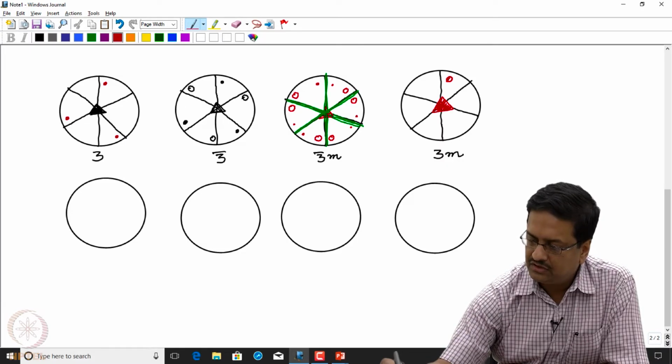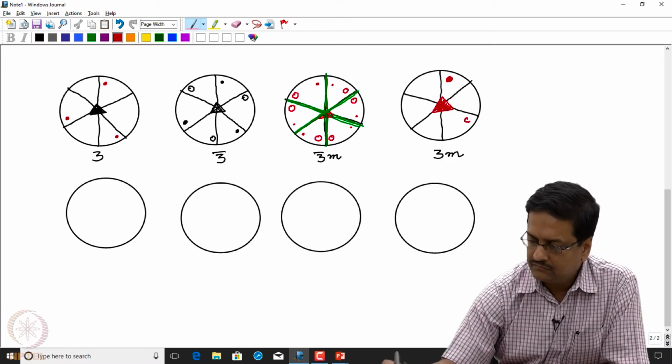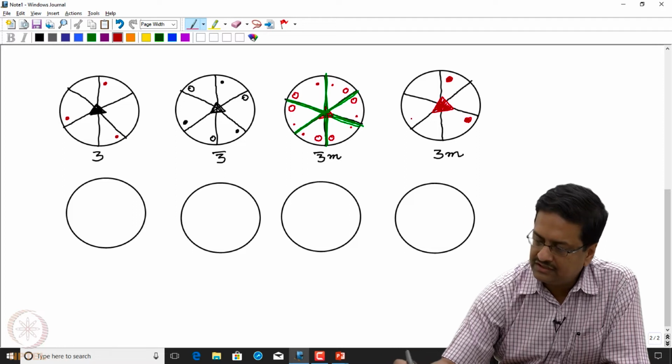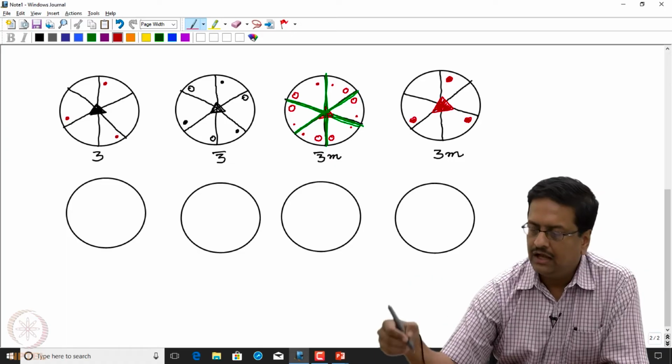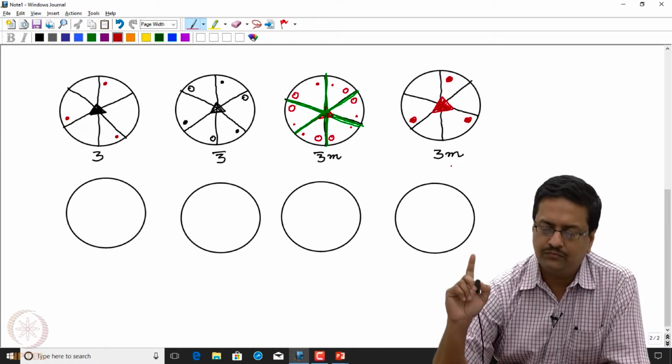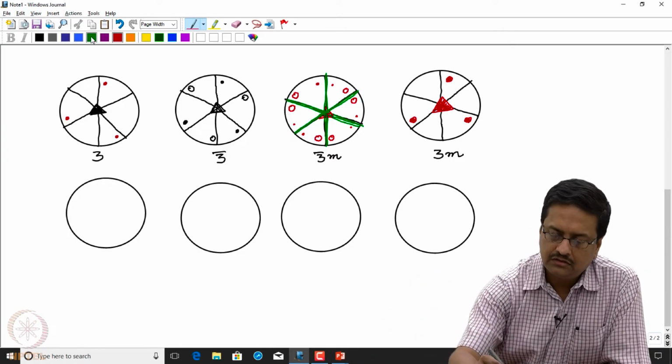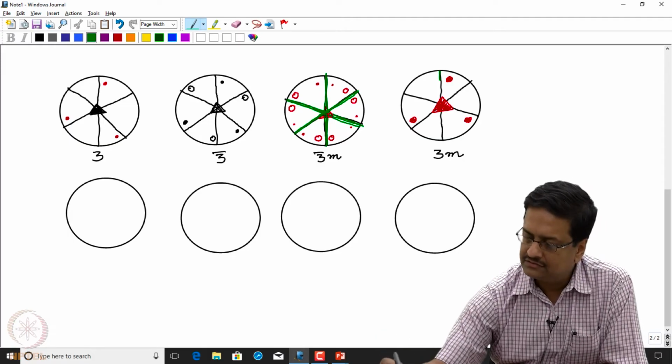So first we draw 3 because these two are not simultaneous operations. So we have just drawn 3, and when we write M, it is the mirror containing the 3-fold axis. So this could be a mirror like that.